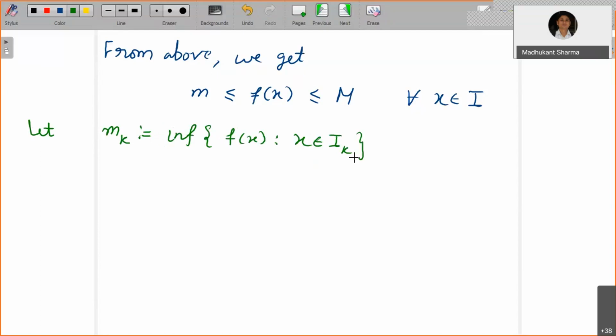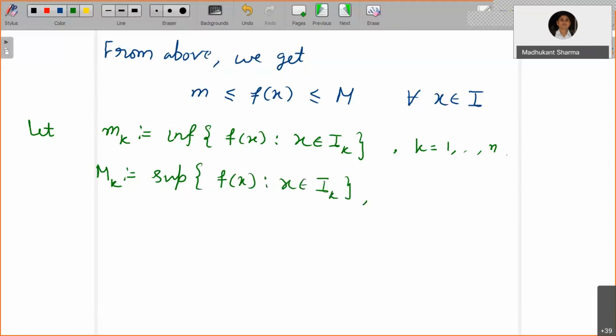Since Ik is a part of I, it does exist. Here k runs from 1 to n. Now capital Mk is defined as the supremum of f of x such that x belongs to Ik. This also exists for k equals 1 to n.